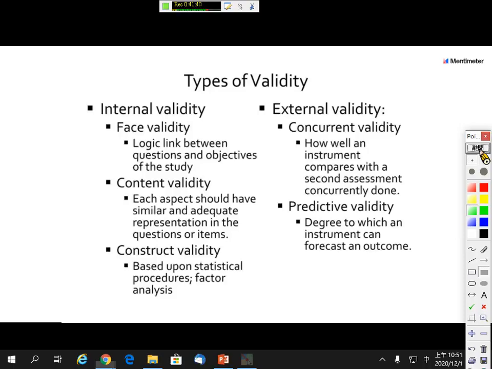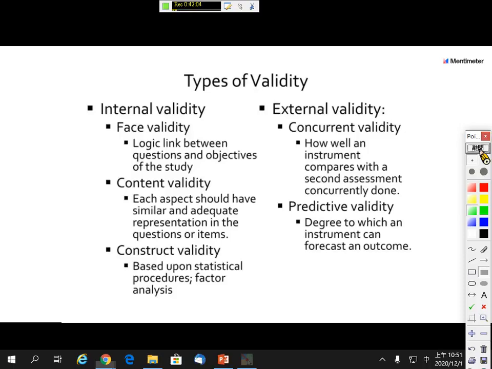If my findings and my approach are similar to theirs, then my study has concurrent validity, which means that all of the different research will lead to a similar conclusion. Concurrent validity. Is that right?